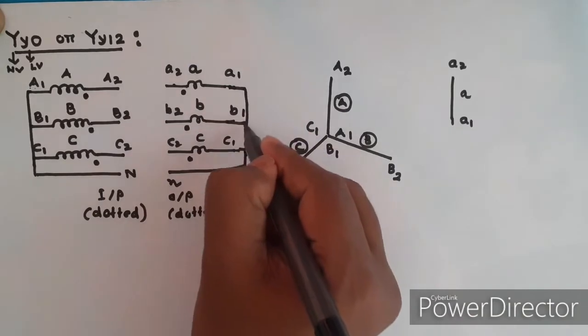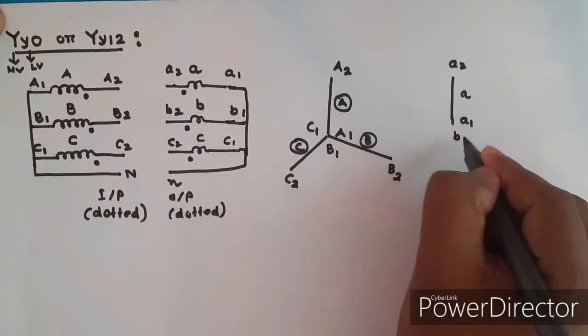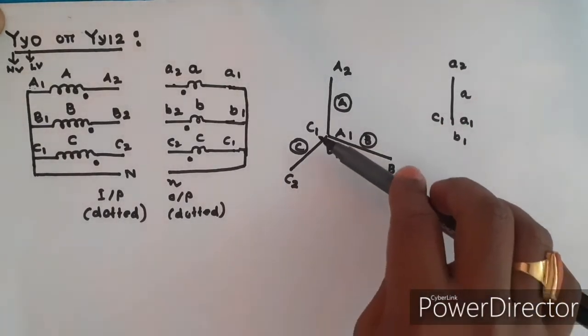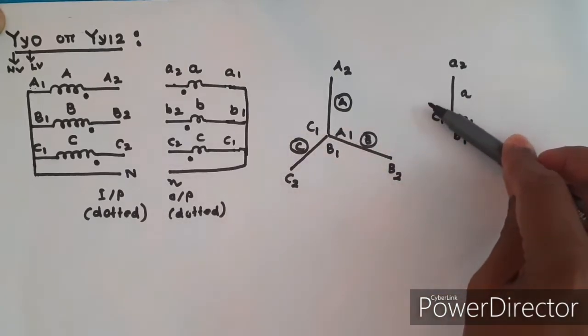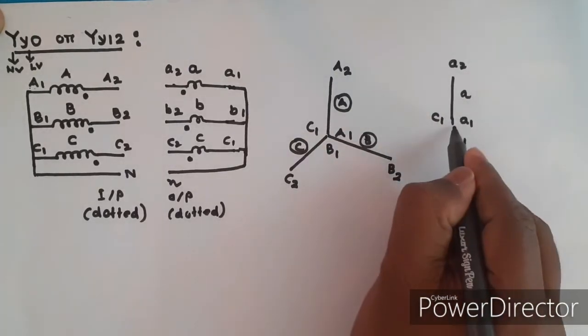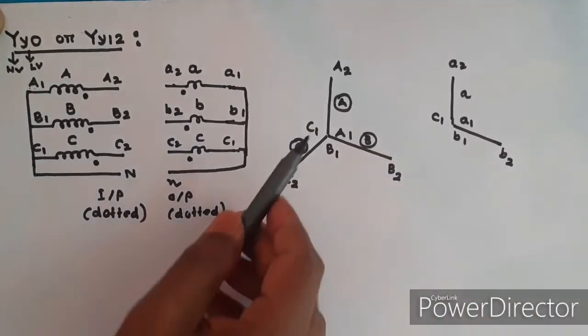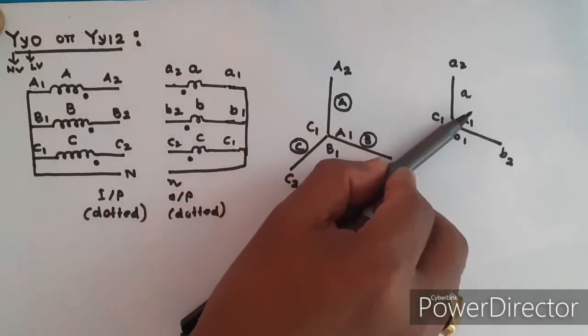Here A1, B1, C1 are the same point, the shorted point. Here this B1, B2 and this B1, B2 will be exactly parallel. This is your B1, B2. This C1, C2 and this C1, C2 will be exactly parallel.